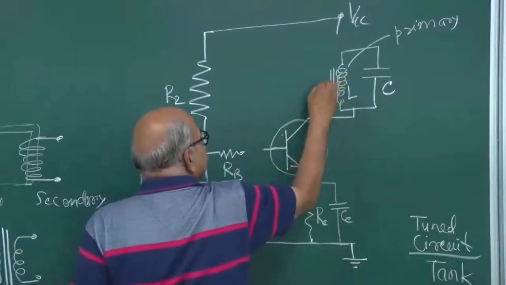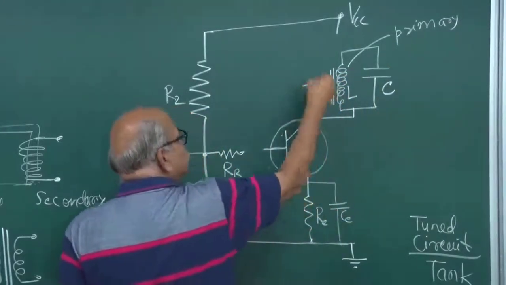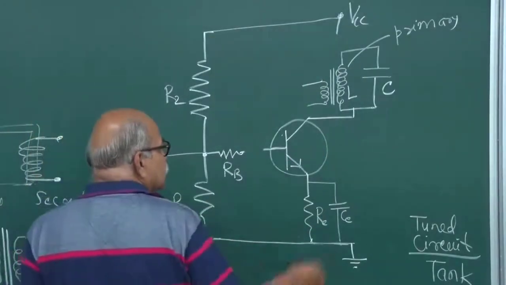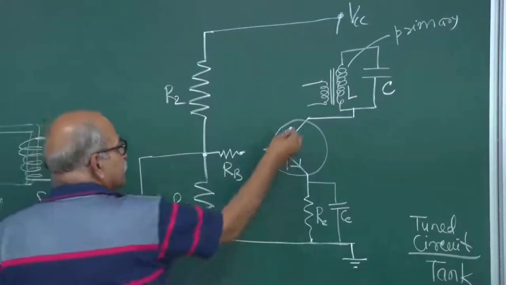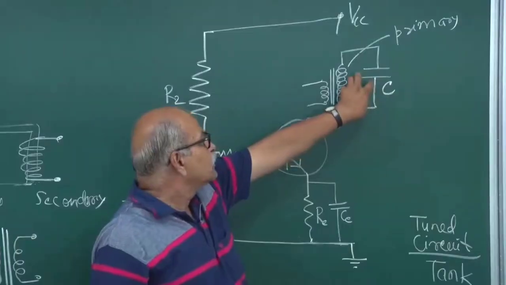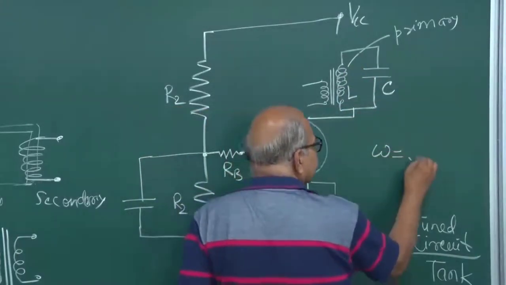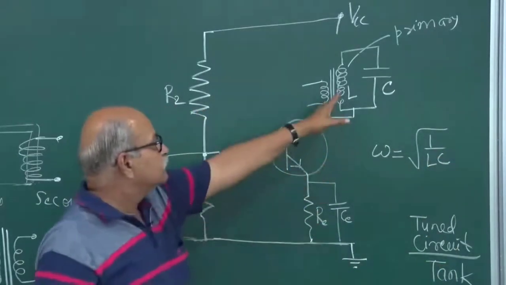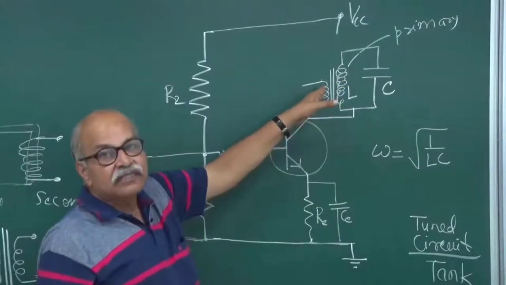And then you have secondary, and number of turns you can decide, and also the way these windings are done. And this you can collect in this base circuit. So the tuned circuit is there. It will oscillate at a particular frequency, resonance at this particular frequency, and then whatever voltage is generated, it is coupled to this second coil.